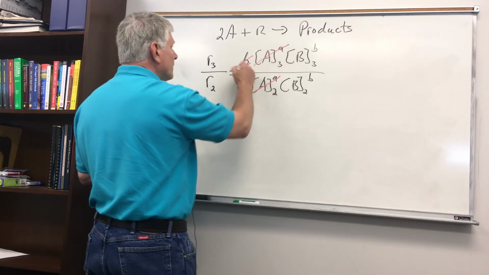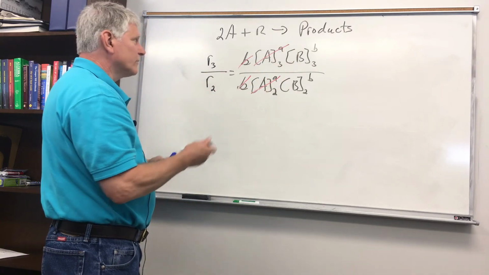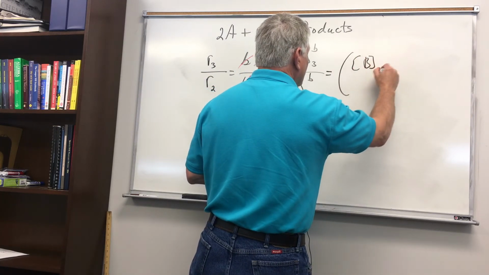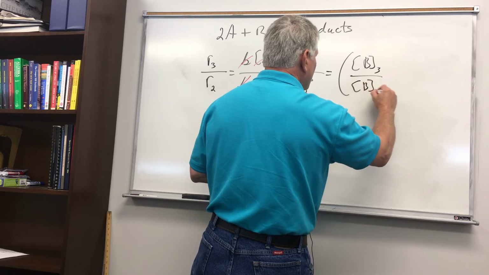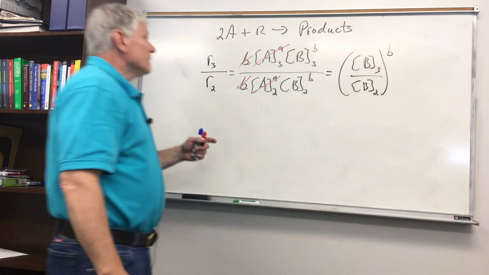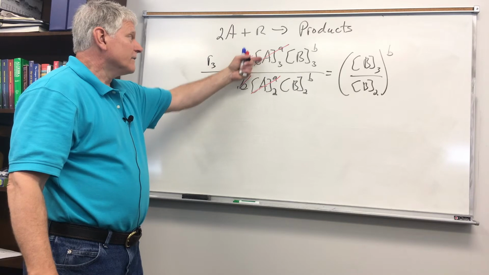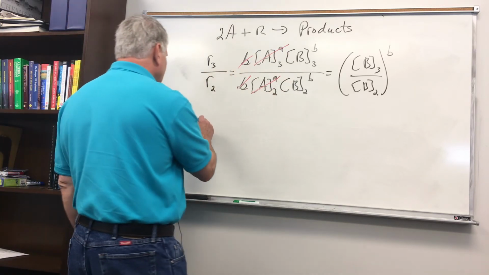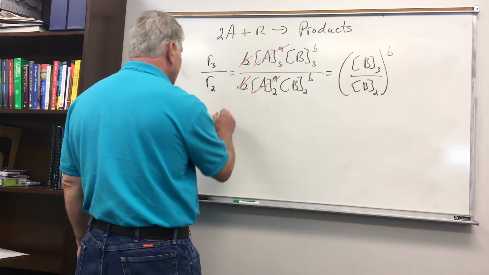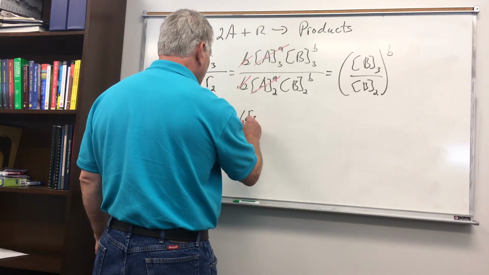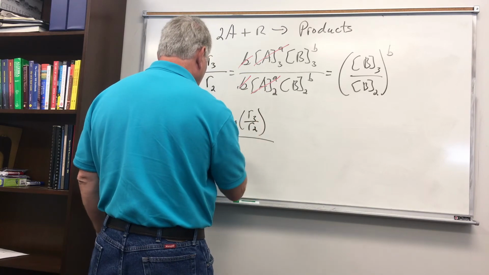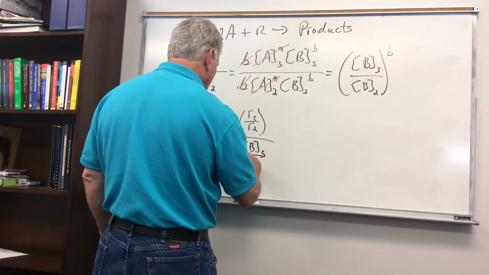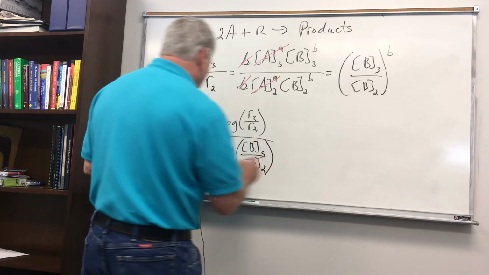So it will cancel, the rate constant cancels. So I'll pick 2 experiments where A doesn't change concentration, but B does, and then I can solve for b, just like I did with A. And that will give me little b.